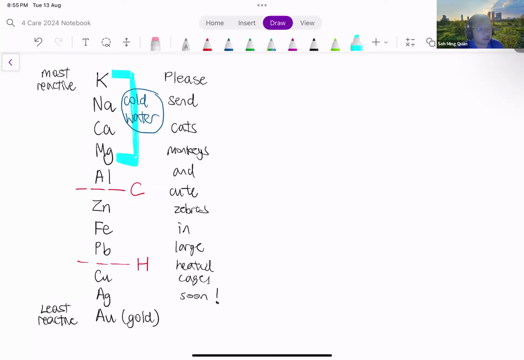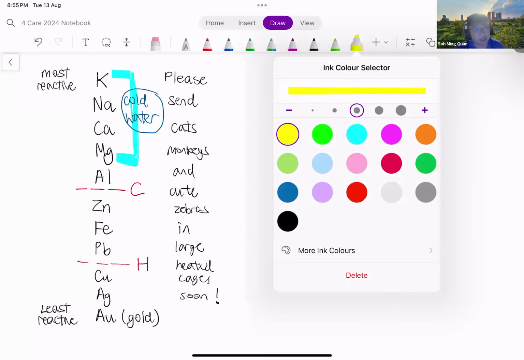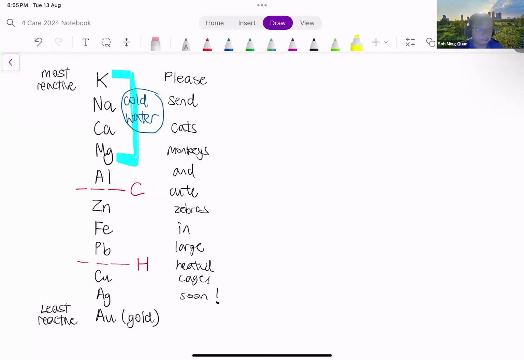Then take a different highlighter, or if not, just use a different colored pen. From potassium up to iron, these react with steam. That means iron is the last metal to react with steam.